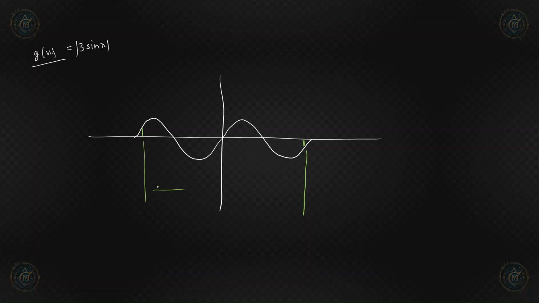Okay, this is minus 6, this is 6. So we first draw the graph of 3 sin x. Okay, as we know, sin x varies from minus 1 to 1, right? This is minus 1, this is 1. So 3 sin x will vary from minus 3 to 3. Okay, so the graph will be elongated along the y-axis.